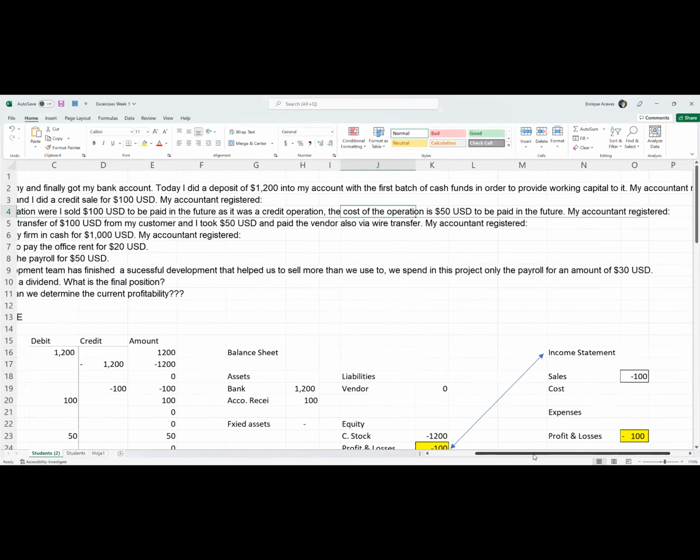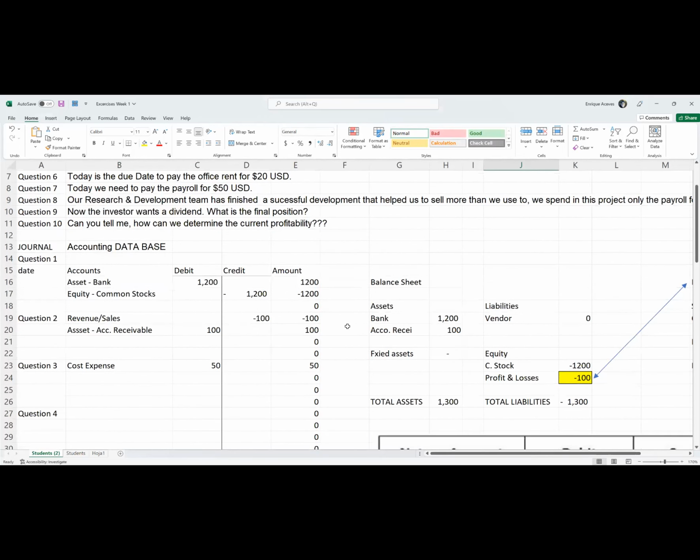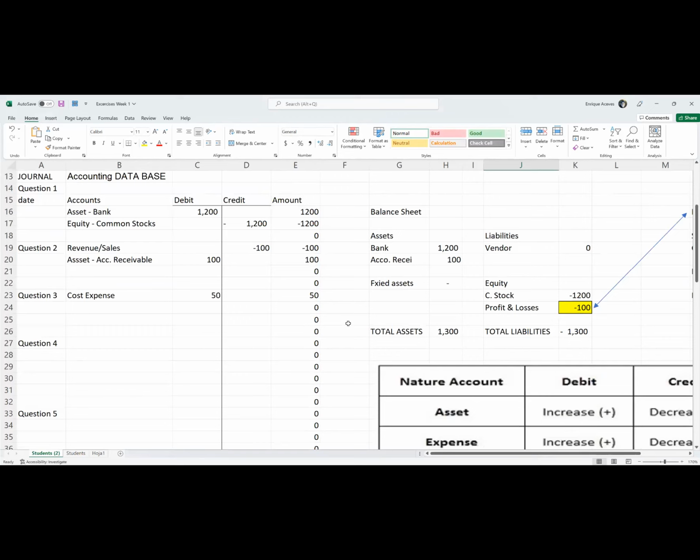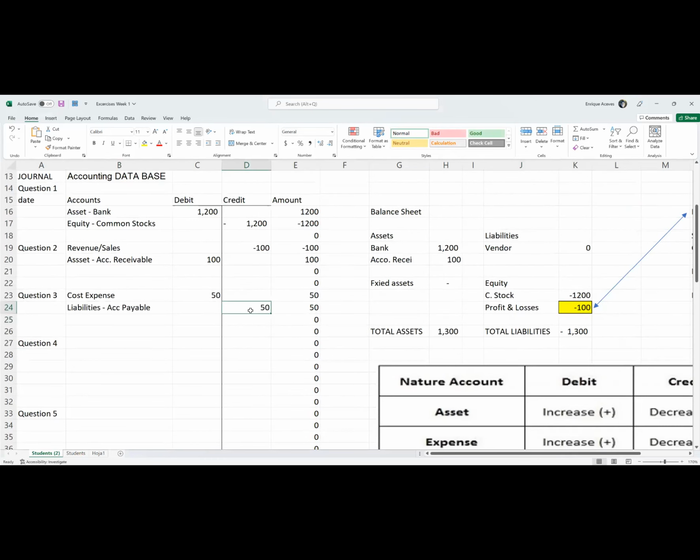So I have a debt, and debts are liabilities, obviously negative.